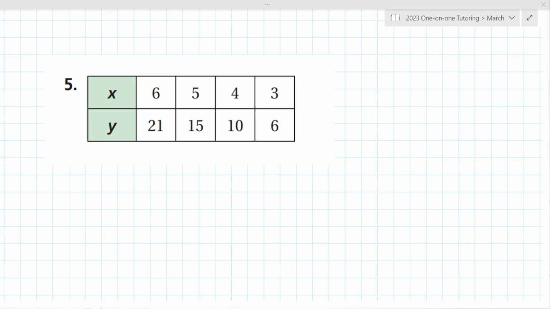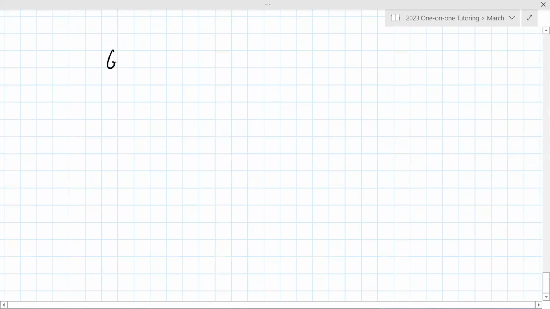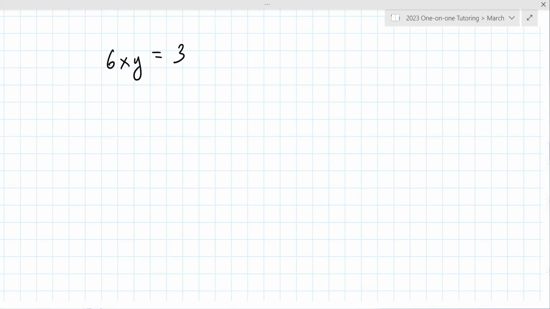So here's another equation to look at. Is this linear or not? That might be linear because it's going to be 6, so it's going to be 3 divided by 6.